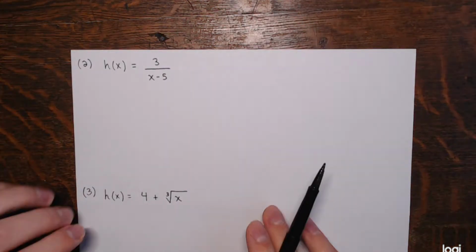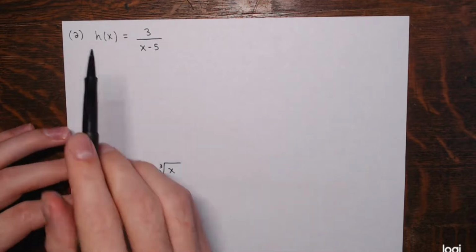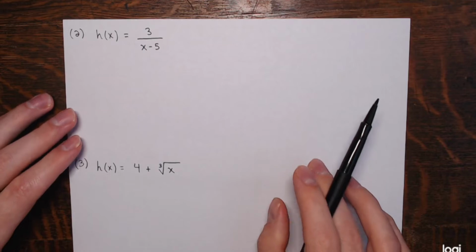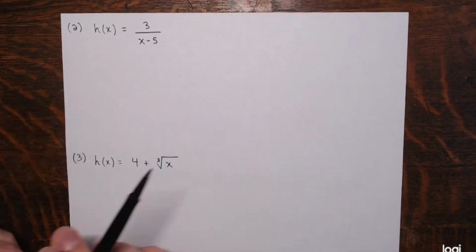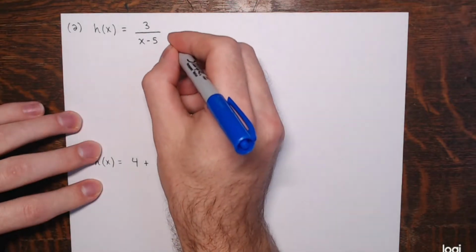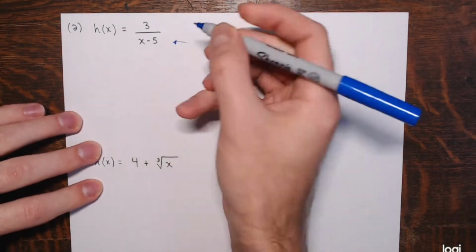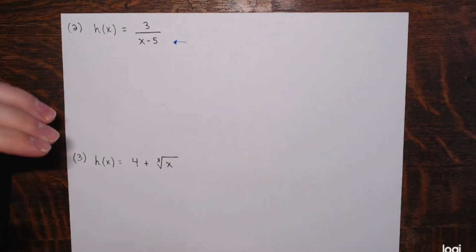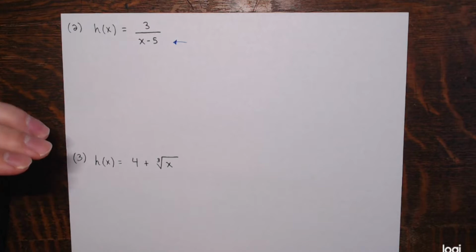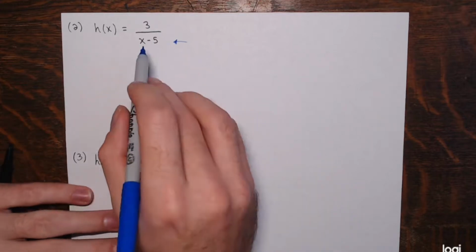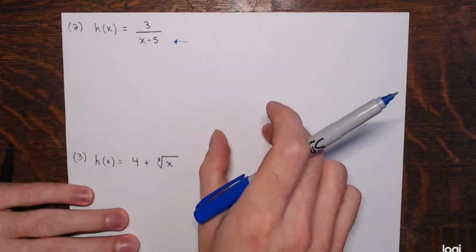Okay, so example 2, we have h of x equals 3 divided by x minus 5. This might not be as obvious. Just like I mentioned earlier, when you get into a calculus class, the more you see these things and the more you practice with them, the easier it gets to recognize how to best decompose a function. The last example had an expression inside a square.